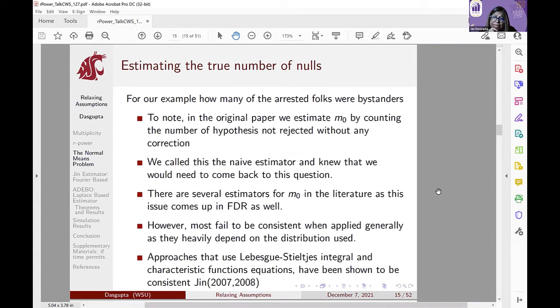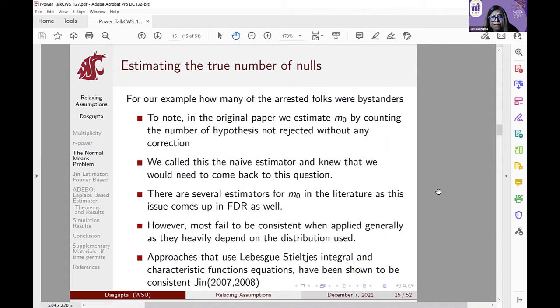When we started looking at the literature on estimating M naught, we found there was some, because when you calculate your FDR, your false discovery rate, you need this as well. This particular problem is called the normal means problem.